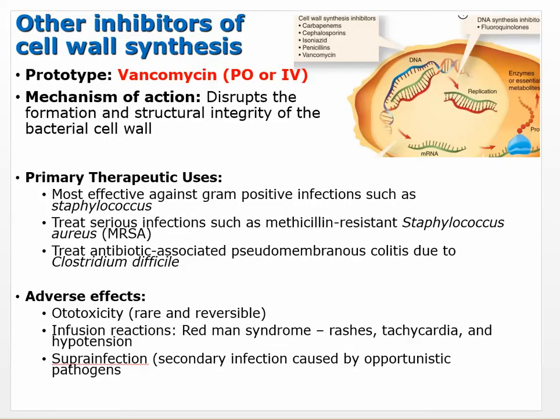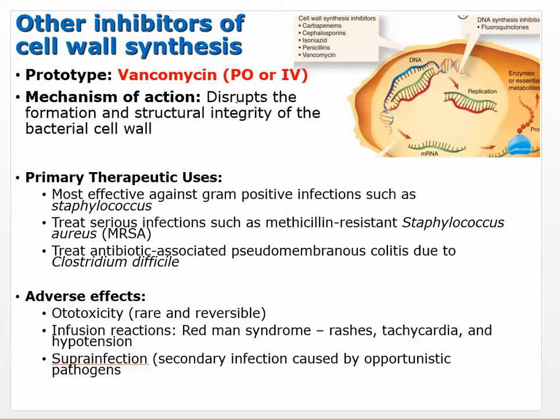So other inhibitors of cell wall synthesis, these work a little bit differently. They're not really a beta-lactam. This is vancomycin. Vancomycin used to be the go-to drug, the last line of defense against MRSA. Well, that's not the case anymore.